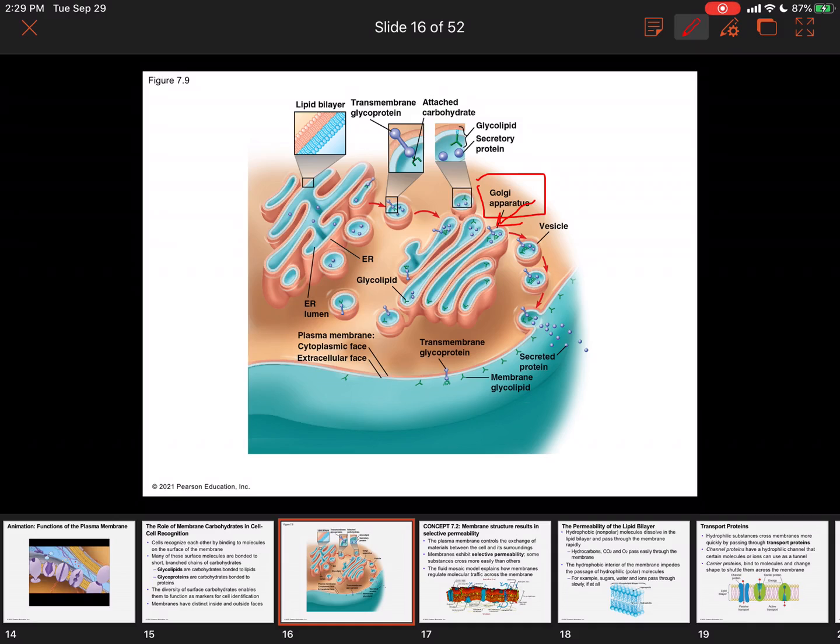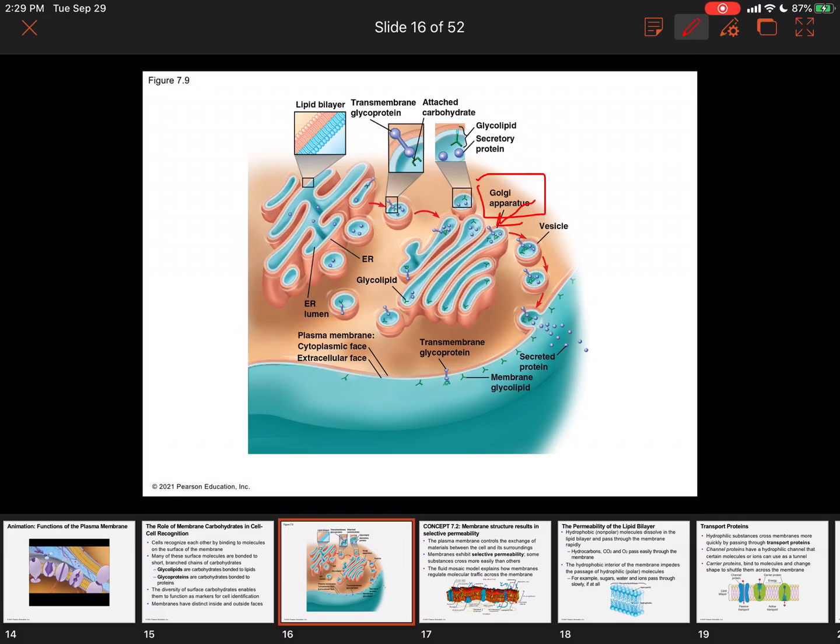So it's reminding these molecules that are coming into the Golgi apparatus or leaving the Golgi apparatus which side it is on. And so they have a very important function as far as keeping things straight as far as which side is which.